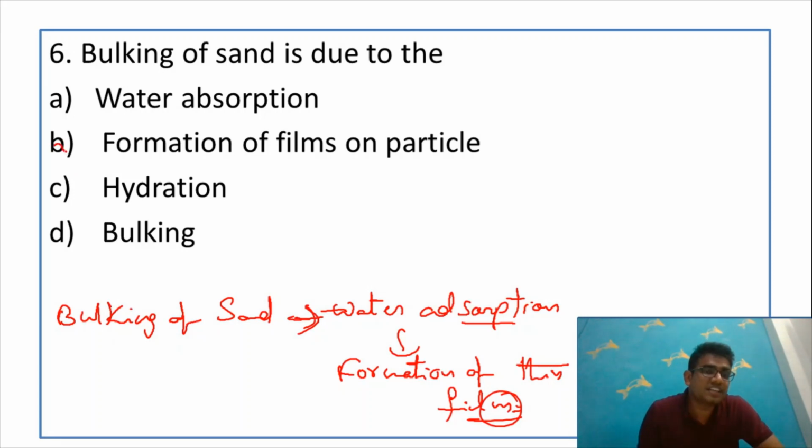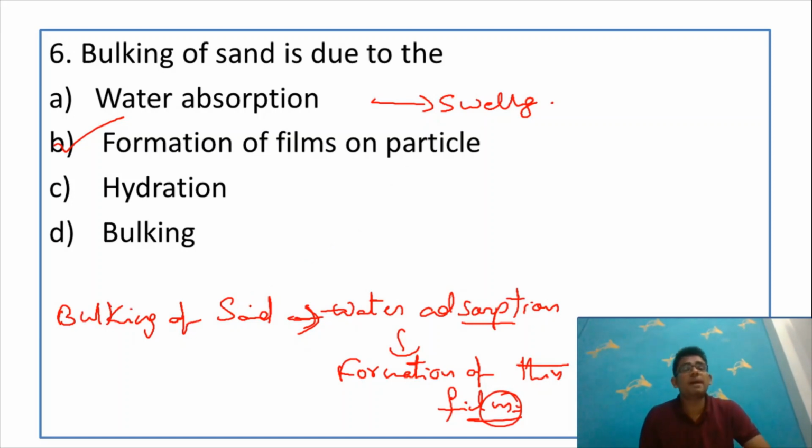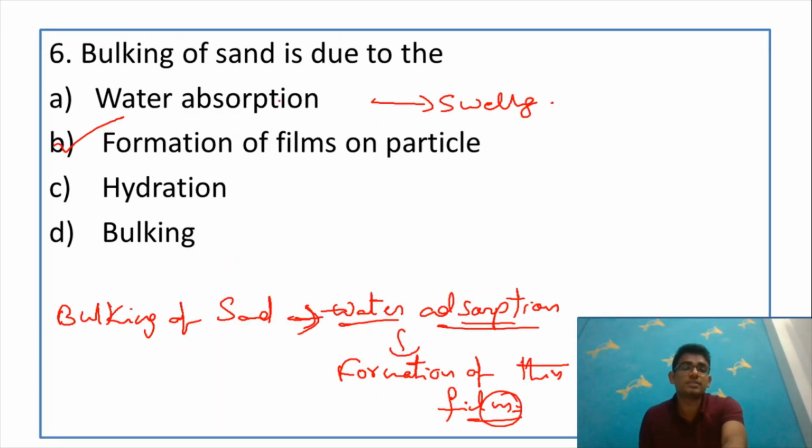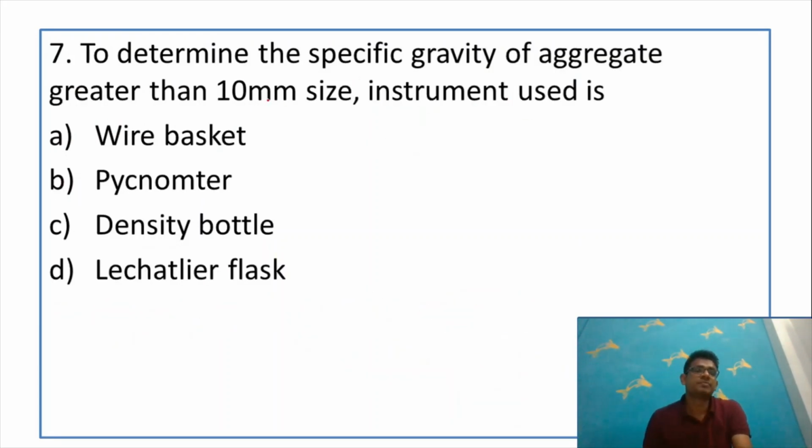So the answer here is formation of films on the particle. And whatever water absorption is there, that will cause the swelling. So swelling is because of the water absorption, and bulking of sand is because of the water adsorption. And in both bulking and swelling, the volume of the sand increases. That's the point.